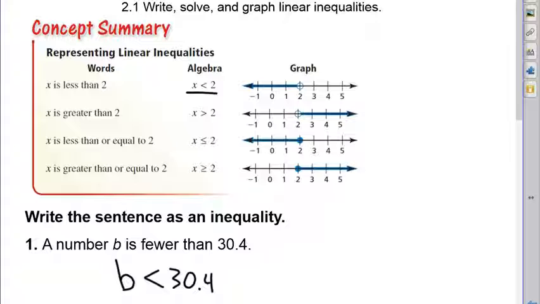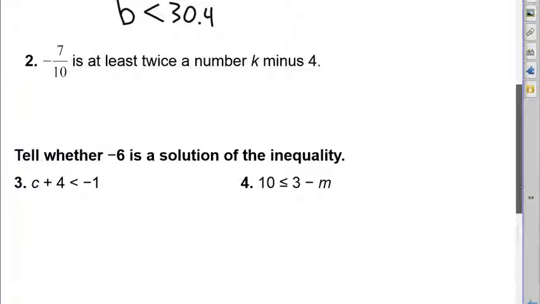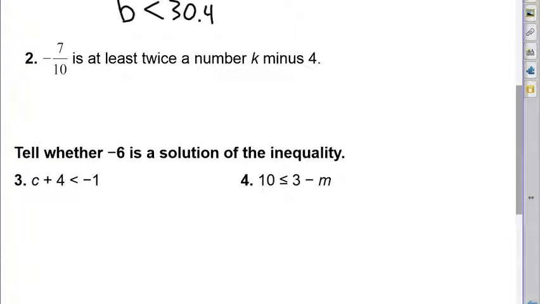Our next example, number 2, we have negative 7/10 is at least twice a number k minus 4. This one gets a little more complicated. That is at least is our inequality part. So let's start with negative 7/10. That's just going to stay the fraction, negative 7/10. Is at least tells us that it's going to be greater than, or because it's at least, it could be equal to.